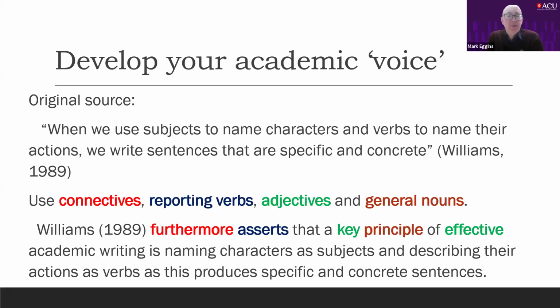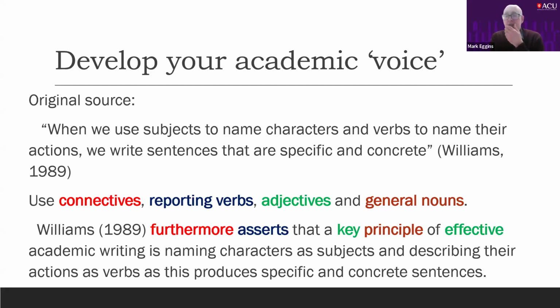And the reporting verbs can be positive, neutral, like "outlined" or "described," or negative, like "argue" or "challenge," things like that. And then we've got a specific adjective, key and effective, and also a general noun, principle.